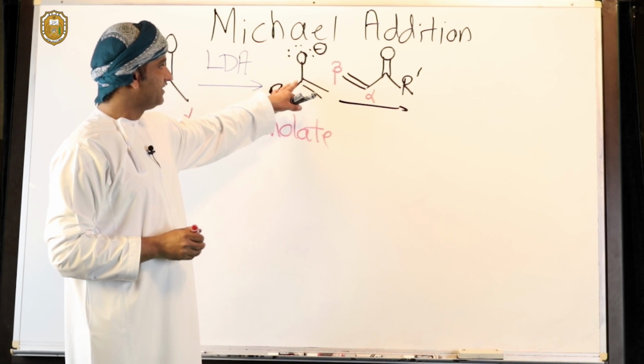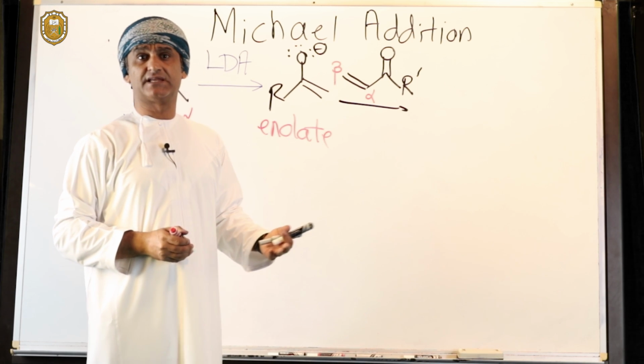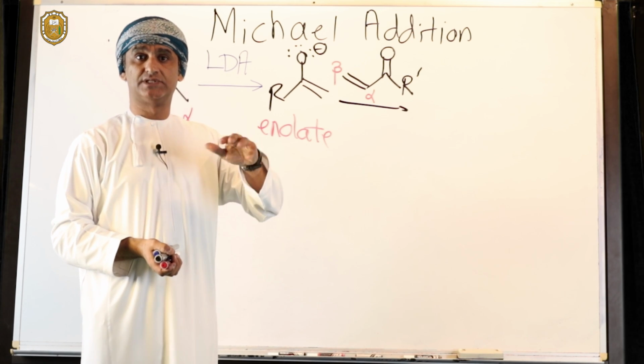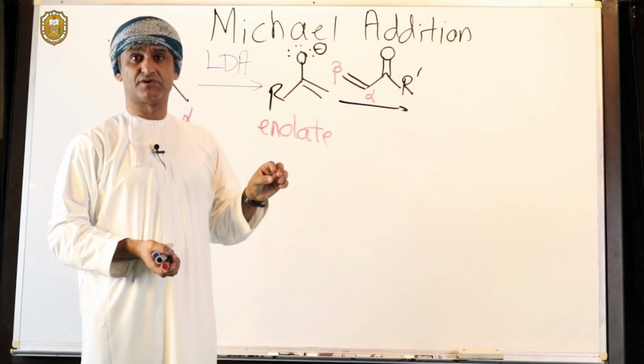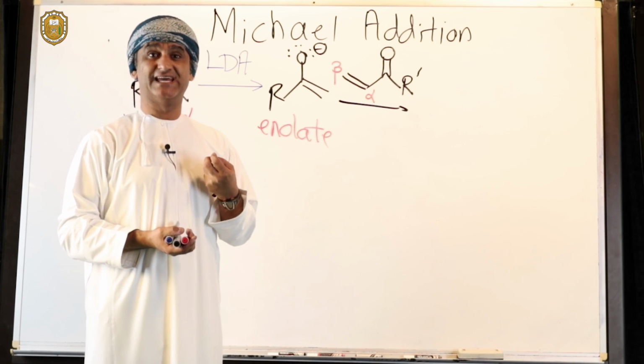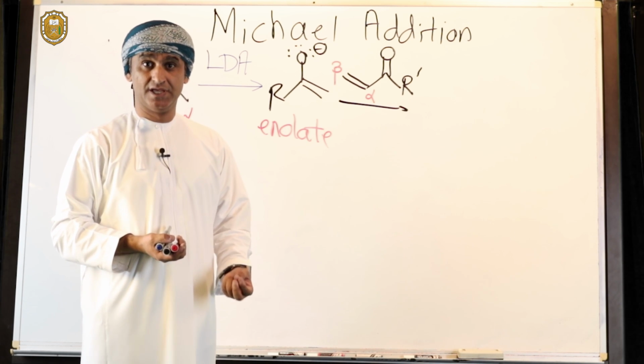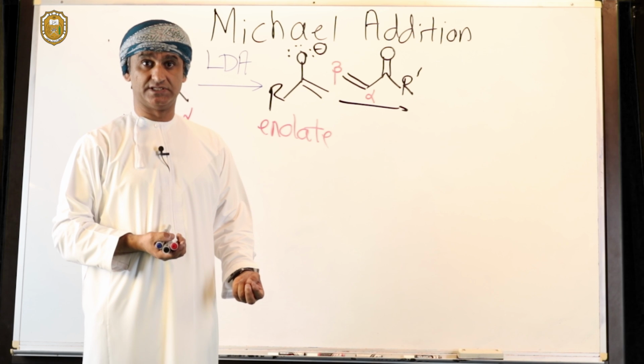If the enolate is reacted with an alkyl halide, it does an SN2 type reaction. If the enolate reacts with an aldehyde or a ketone, it is capable of nucleophilic addition. If an enolate reacts with a carboxylic acid derivative, then nucleophilic acyl substitution takes place.